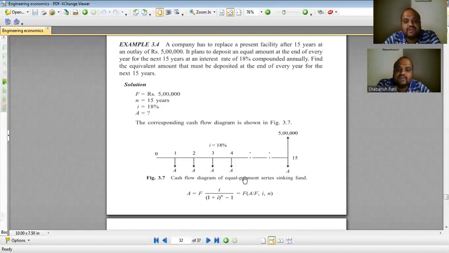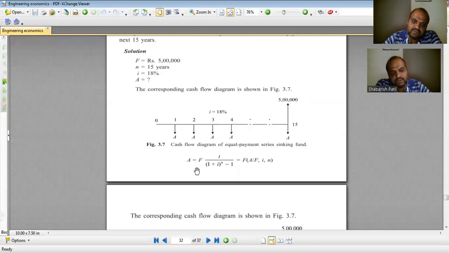Let us draw the cash flow diagram. 0, 1, 2, 3, 4 up to 15 years. Okay, at the end of every year, he is supposed to pay an annuity, that is always outflow, marked downwards, and we know the future value as 5 lakhs here. So we have to use the formula between A and F. We know this. This is the formula.